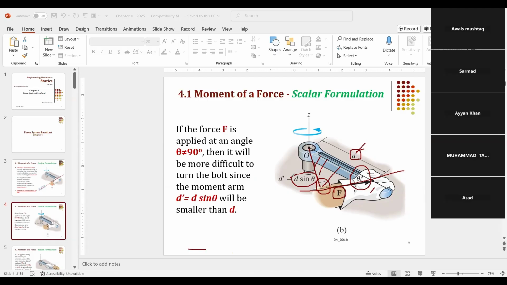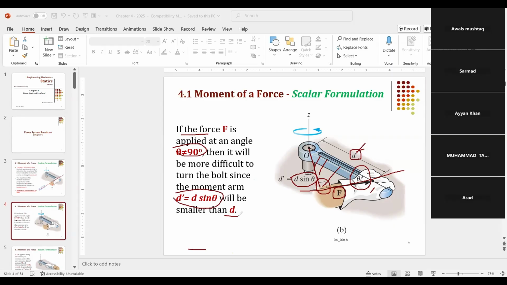And if the perpendicular distance is not directly given, you have to find it by using the angles and other distances. Right here it says if the force F is applied at an angle which is not 90 degrees, then it will be more difficult to turn the bolt, since the moment arm d sine theta will be smaller than d.